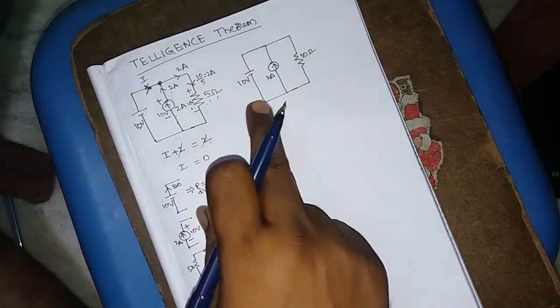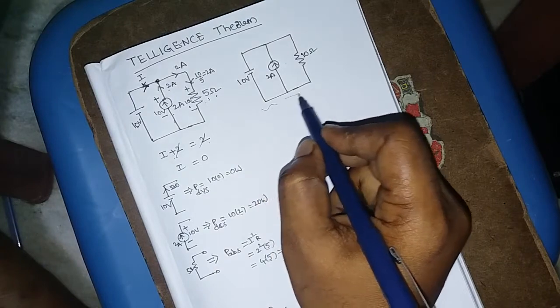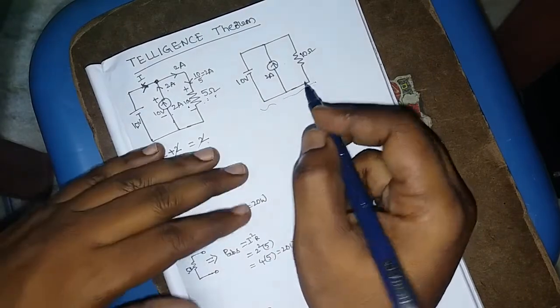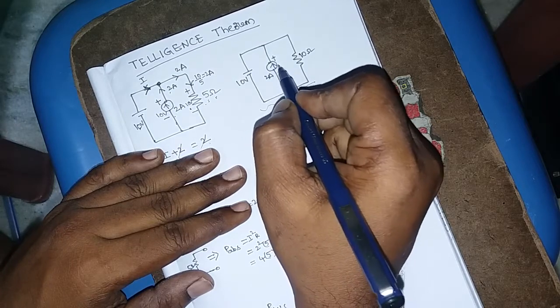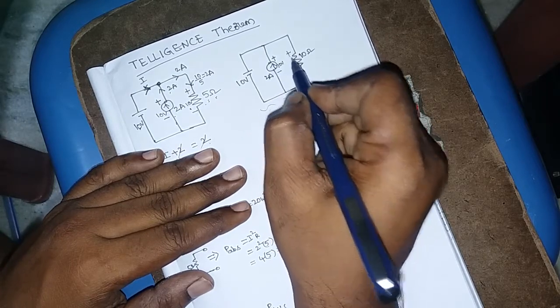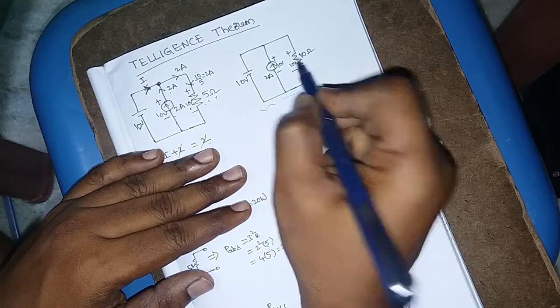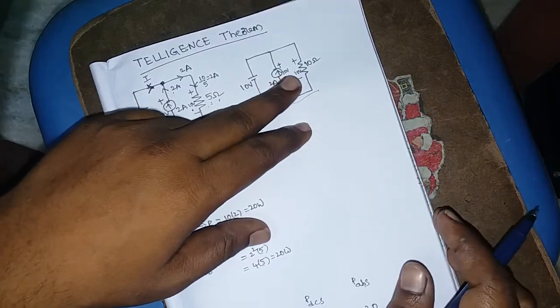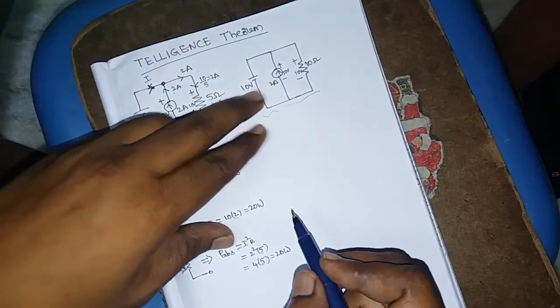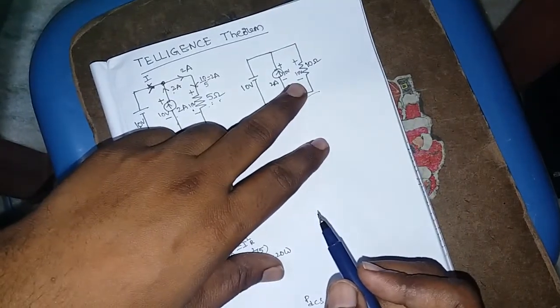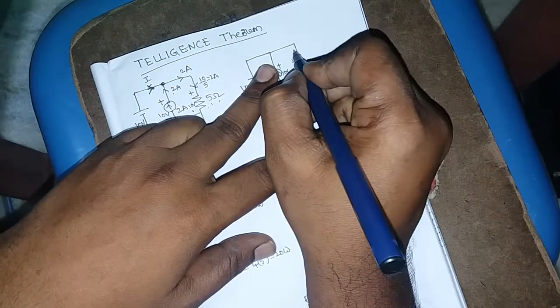Now also we know that these three branches are connected in parallel, so the voltage across each branch is the same, 10 volts. Now how much current is passing through the resistor? It is V by R, that is 10 by 10, which is 1 ampere.